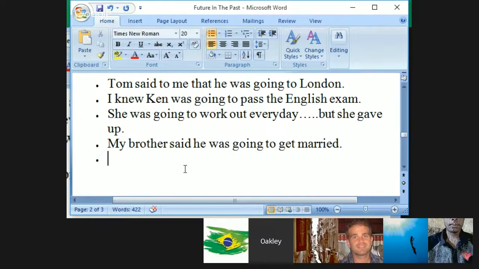In this phrase, is it necessary to put "to get," or can I say "I was going to marry"? My brother said he was going to marry. Well, you can say that. Yes, you could say that.